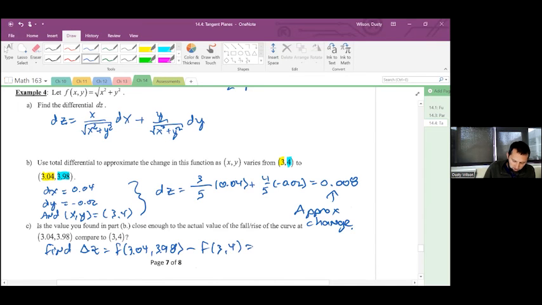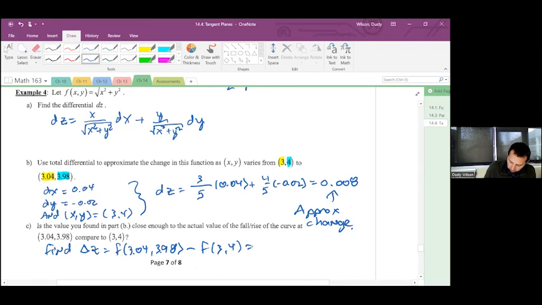which, if I do this Texan style, would be the square root of 3.04 squared plus 3.98 squared minus the square root of 3 squared plus 3 squared plus 4 squared.